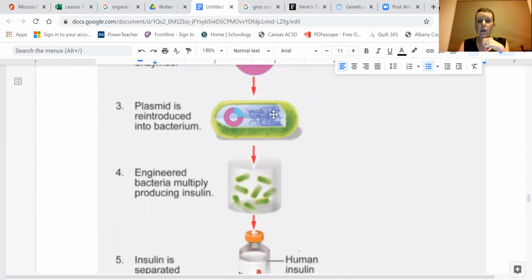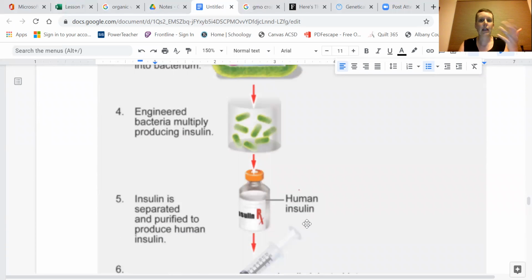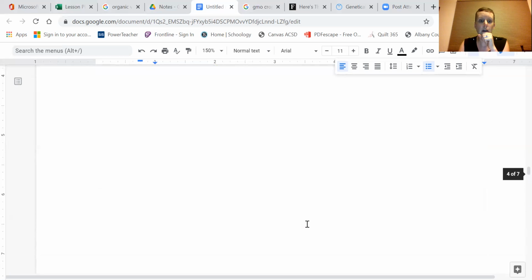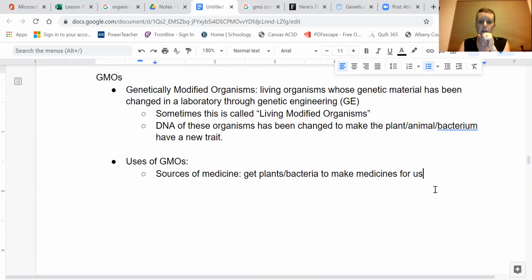This one, even though it's made in a bacteria, it is human insulin because it comes from a piece of human DNA that says this is how to make human insulin. So this is a way to make human insulin in a petri dish instead of having to rely on pigs for insulin that was only so-so in doing the job inside our bodies. Okay, so that's one of the uses of GMOs.